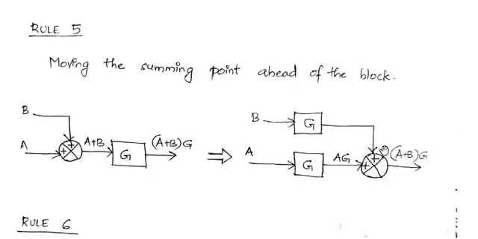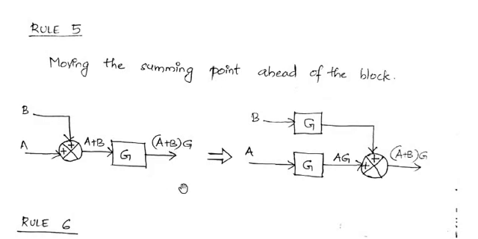Now this AG will go to the summing point, because we have shifted this summing point in front of the block G. Right now this is the position of the summing point, and one of its inputs is AG, and to the summing point we had one more input, that was B. If we provide B directly, the output of this summing point would be AG plus B. But the signal that we actually require is A plus B into G, that means AG plus BG.